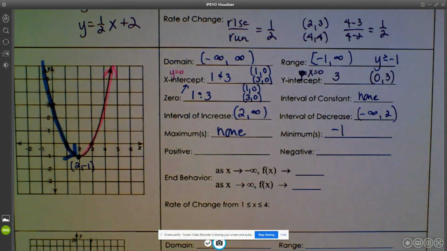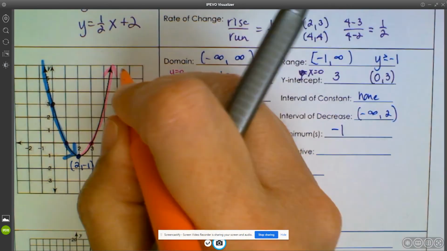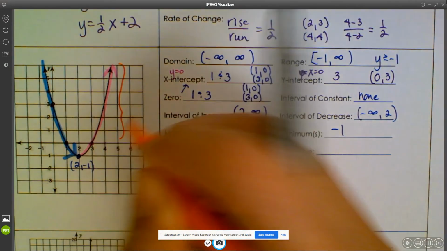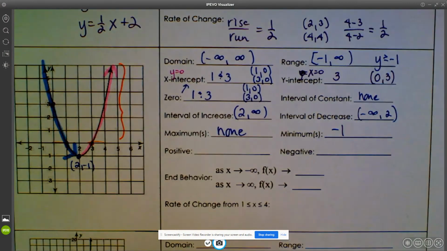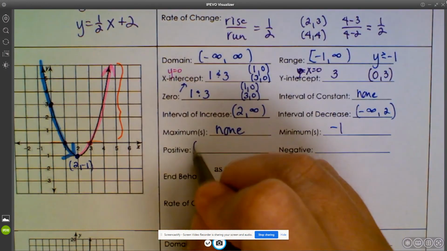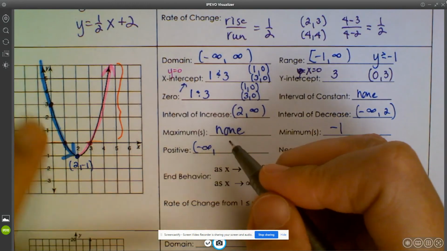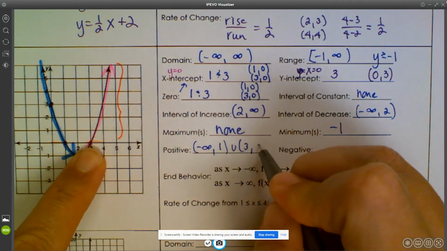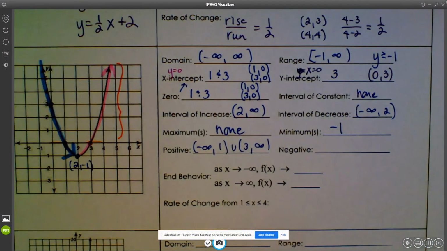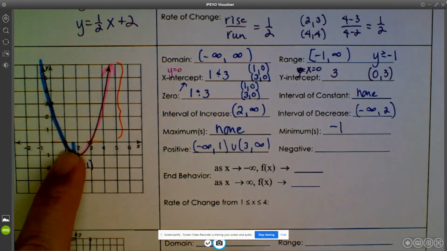Where are we positive? Well, we're positive here. So it looks like here and here. So we're positive from negative infinity to x equals 1, and then we go positive again from 3 to infinity. Where are we negative?